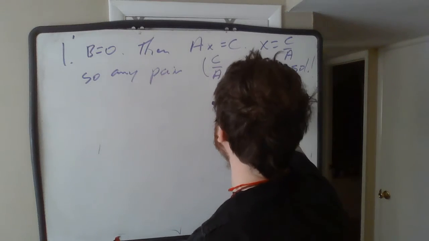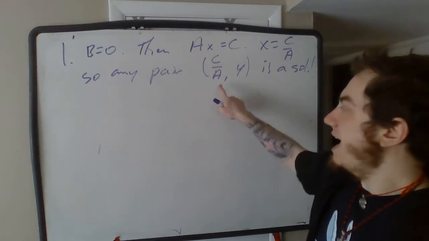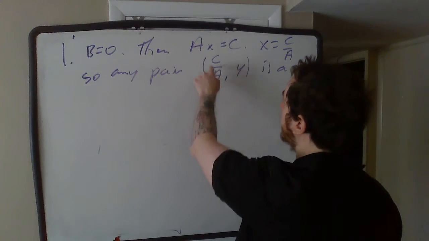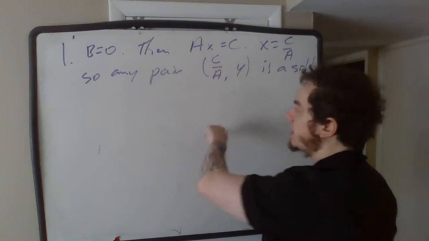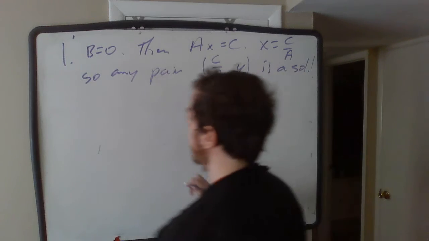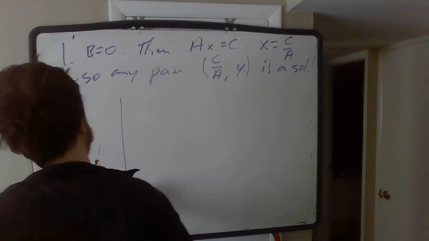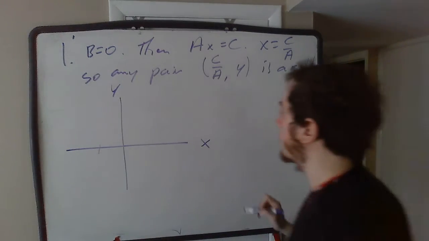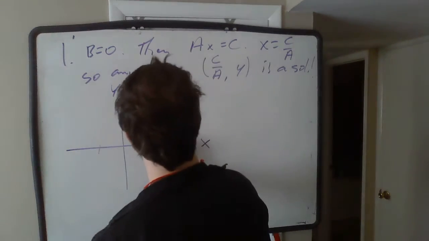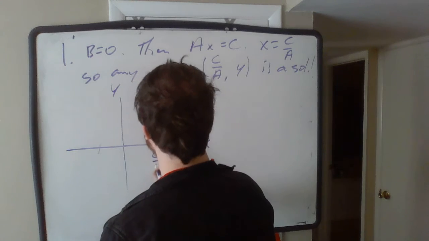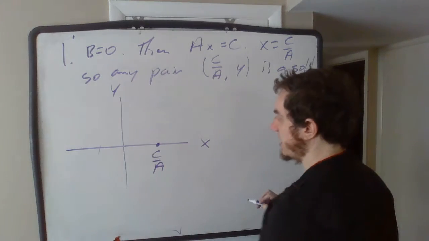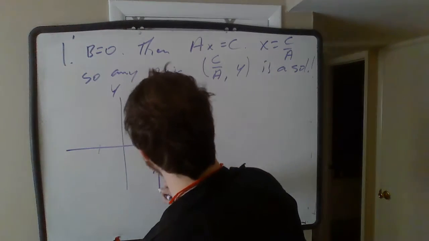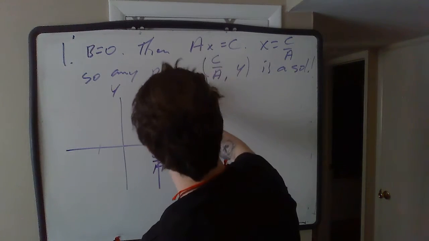Anyway, what would the graph of this thing look like? Well, the graph is going to look like any point in the plane whose first coordinate is equal to c over a, and the second coordinate can be literally anything. So in our graph, we're going to find the point c over a, wherever that might be, and then our graph is just going to be a vertical line over that point.